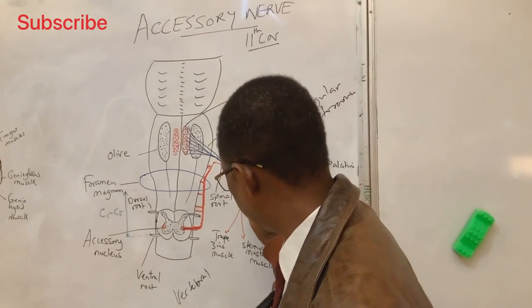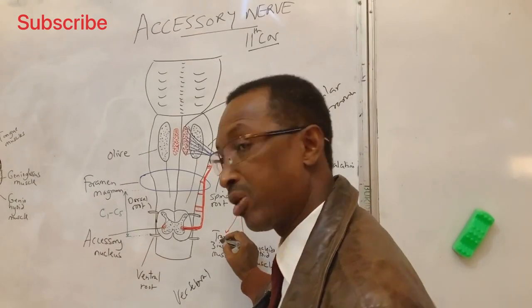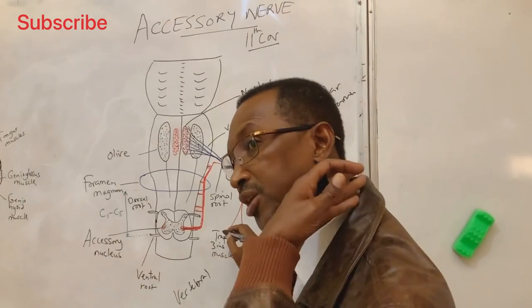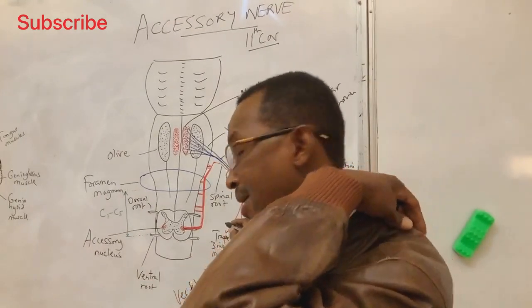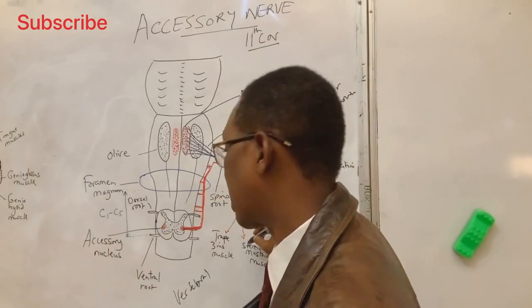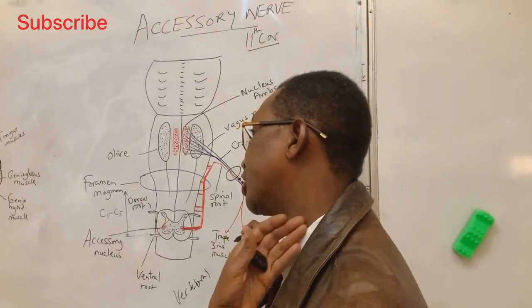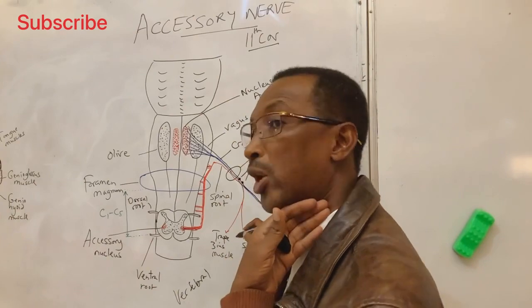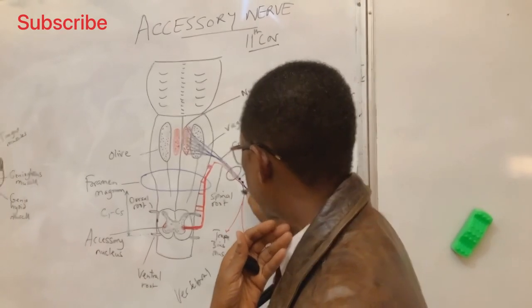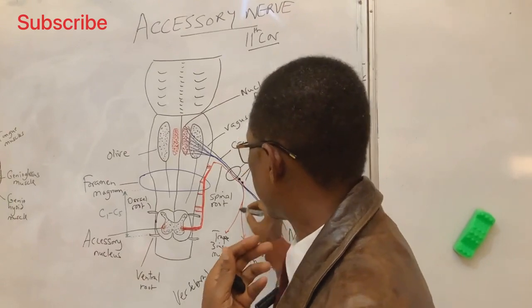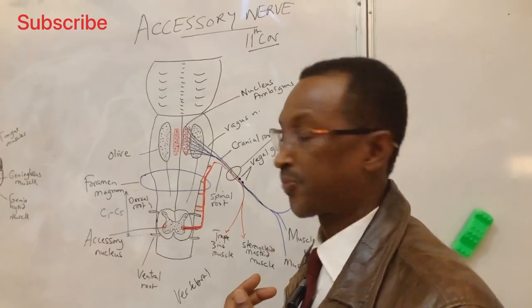So this branch now goes to the back to supply the trapezius muscles at the back of the neck and part of the shoulder, and the other branch supply this muscle that is lying anterior to our neck, that is the sternocleidomastoid muscle. So this spinal root supplies these two muscles.